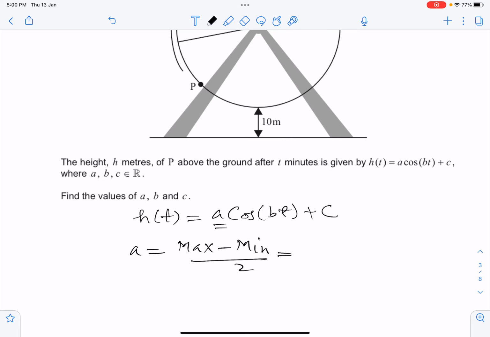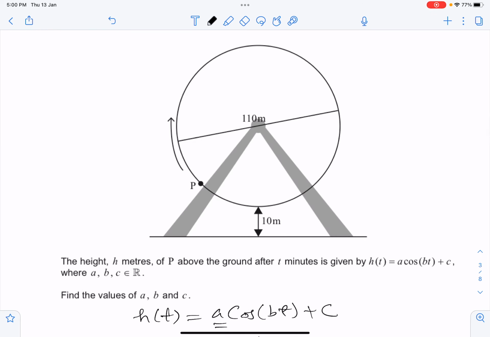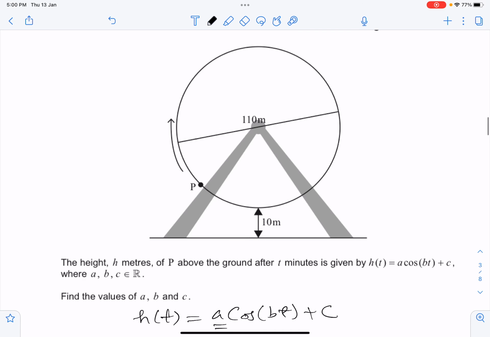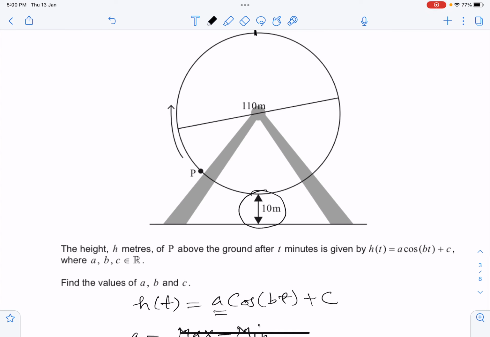Now what is maximum and what is minimum on this wheel? The diameter of the wheel is 110. So here it will be 110 plus this 10. So like that it will be 120. This will be the maximum value of this wheel, the height.